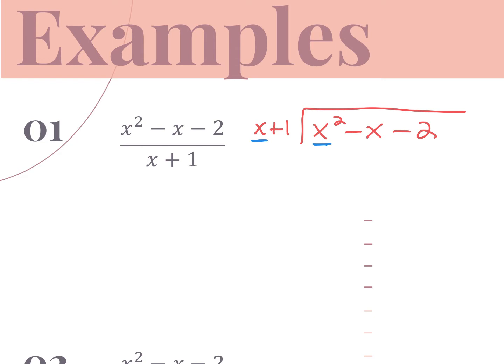Now, I don't write it on top of the x squared. I write it on top of the second term. So now I'm going to distribute the x to the x and to the 1. And that's what I'm going to write underneath. So x times x gives me x squared. x times positive 1 gives me a 1x.